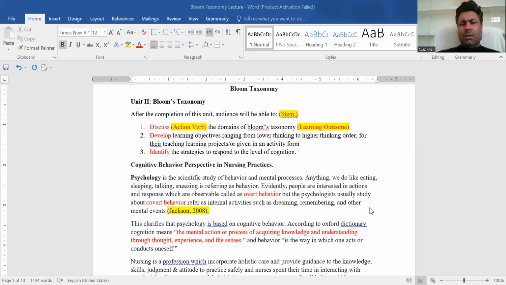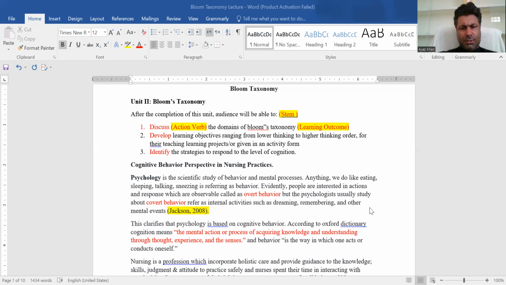Bloom's taxonomy mainly focuses on three domains that we will discuss, like cognitive domain, psychomotor domain, and affective domain. In this session, the main objective is to cover the cognitive behavior and cognitive domain perspective in nursing practice.